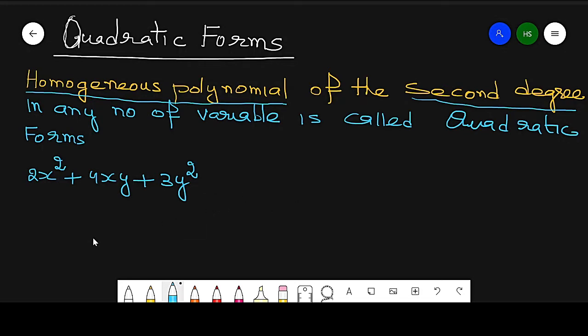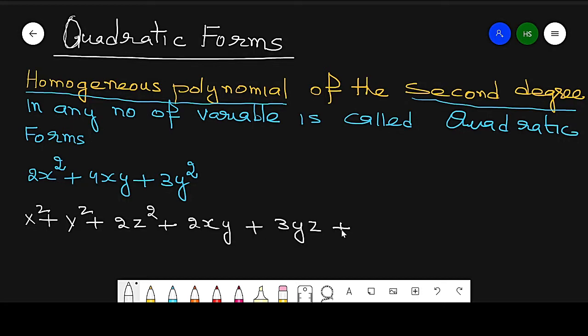Now similarly, in the case of three variables, x square plus y square plus 2z square plus 2xy plus 3yz plus 6zx.